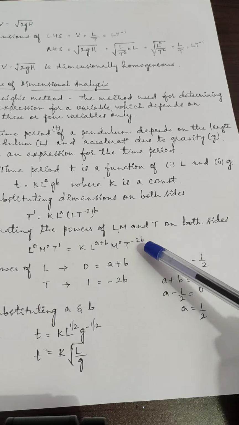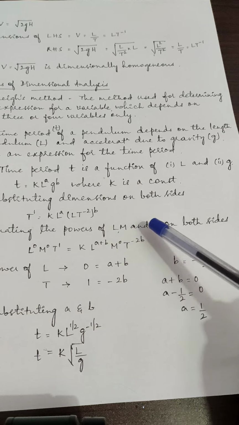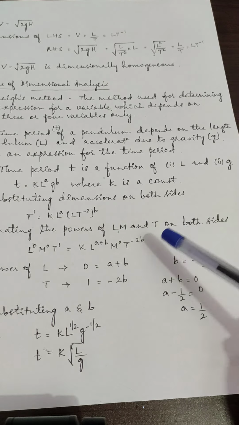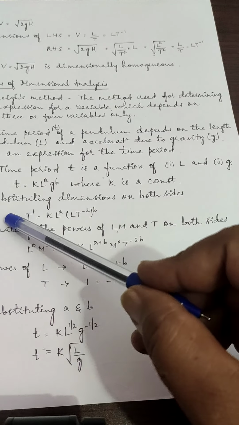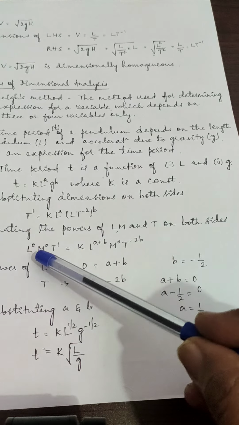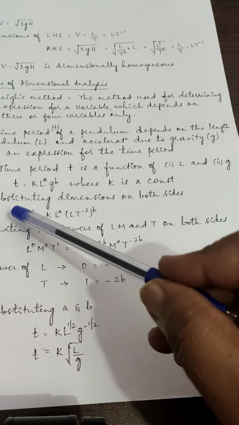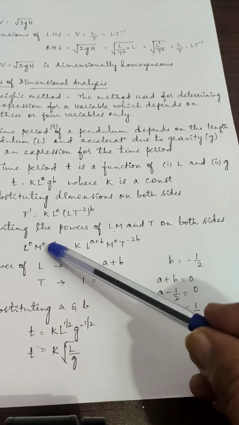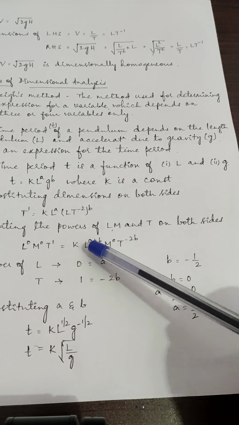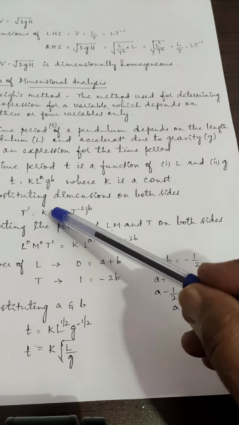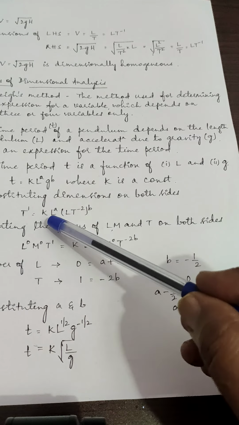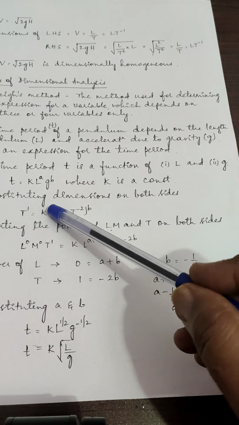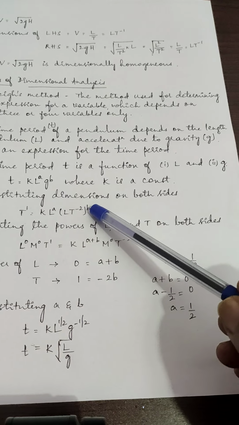Then equating the powers of the fundamental quantities L, m and t on both sides. Here I don't have length on the left side, so it is L to the power of 0. I don't have mass also, it is m to the power of 0, and t to the power of 1 is equal to k into, on the right side, L having the power of a and L having the power of b.